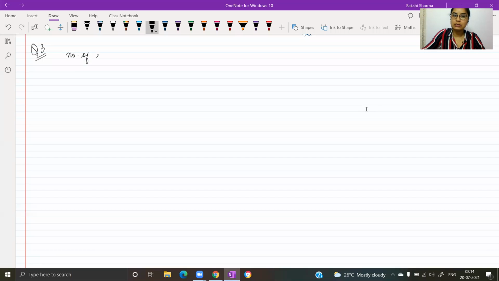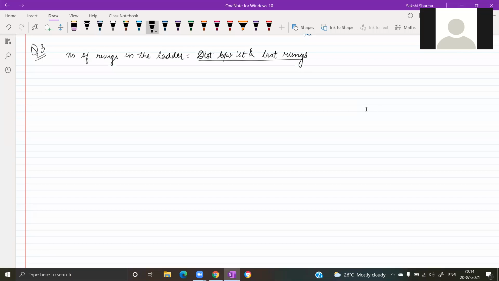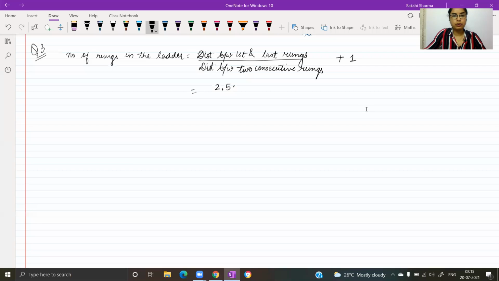So first thing we will write down is the number of rungs in the ladder. So this is given as 2.5 meters.